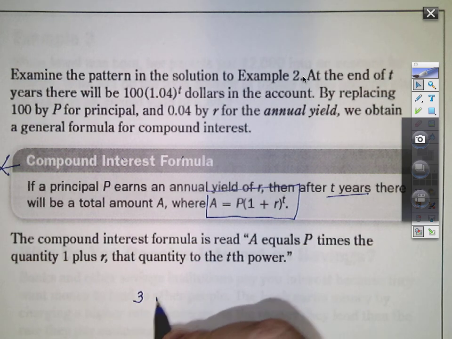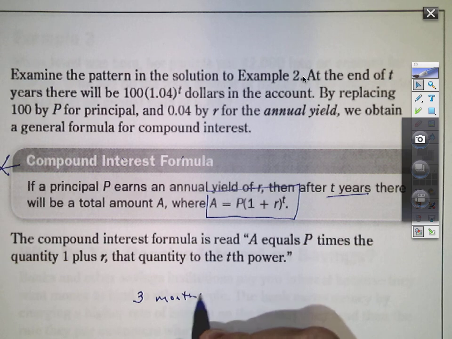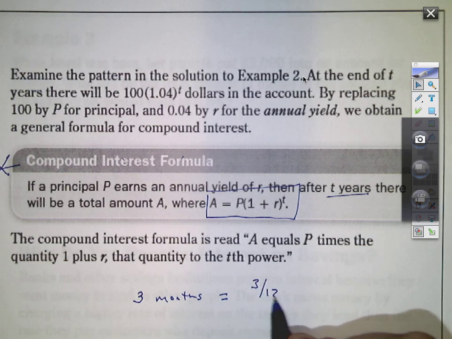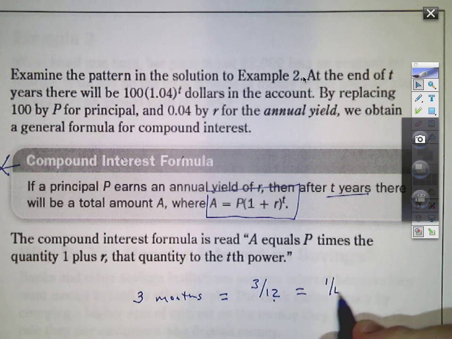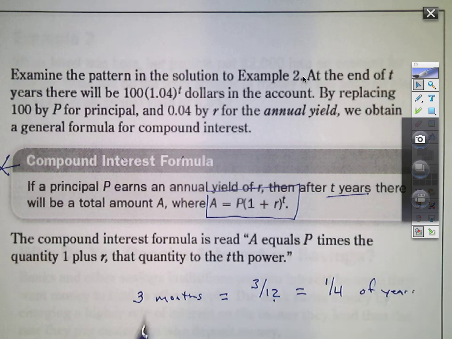You got to make sure t is in years. So in essence, if they told you that you only kept it in for 3 months, 3 months is equivalent to how much of a year? Well, 3 divided by 12. Why divided by 12? Because there's 12 months in a year. So 3/12 is 1/4 of a year.